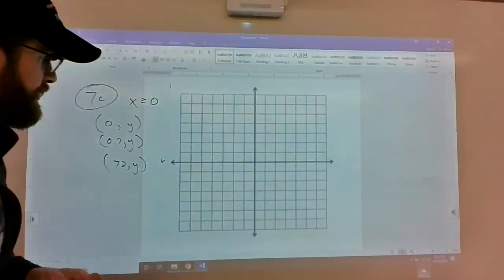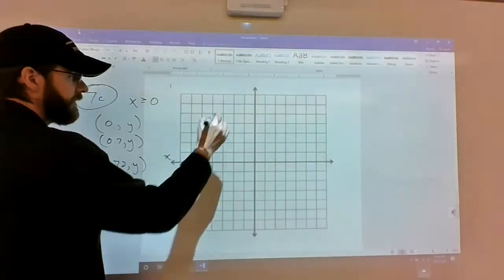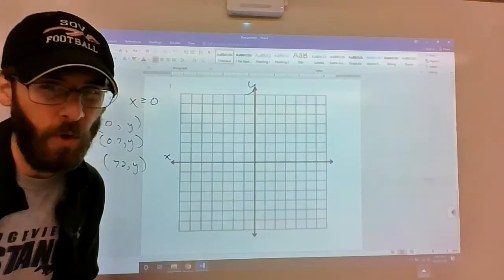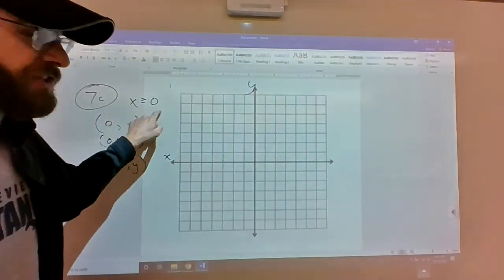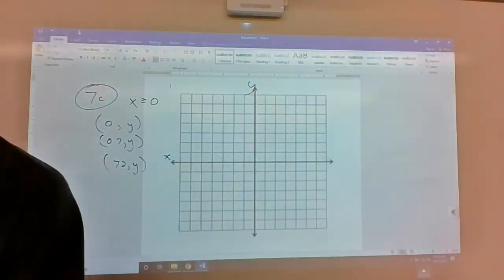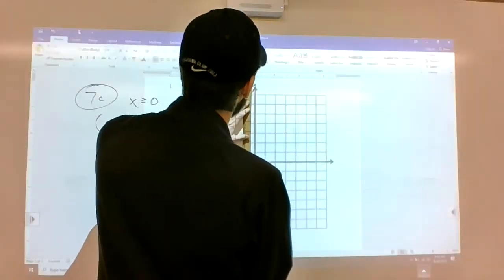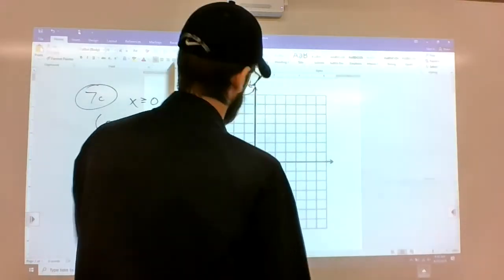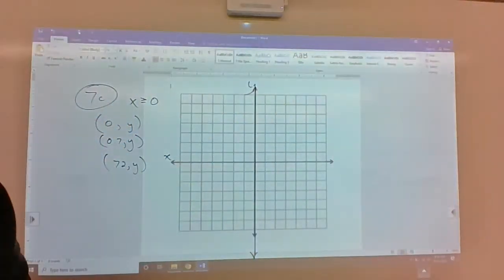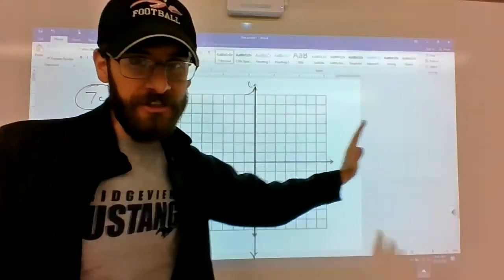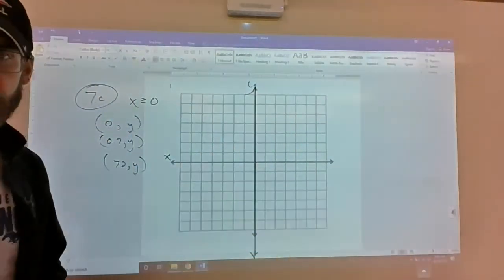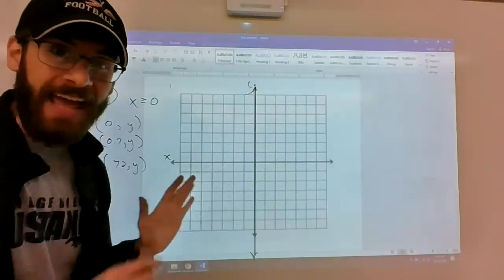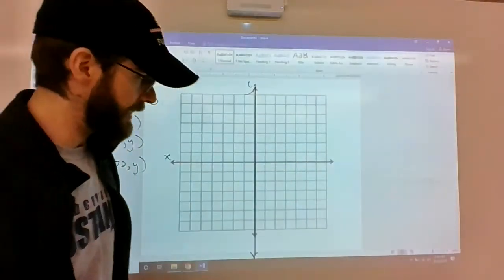So how we do that is we say, this represents a vertical line, which is basically the y-axis, all right? X equals 0 is the y-axis. But we're talking about everything to the right of the y-axis. Every vertical line to the right of the y-axis is really talking about every point to the right of the y-axis.